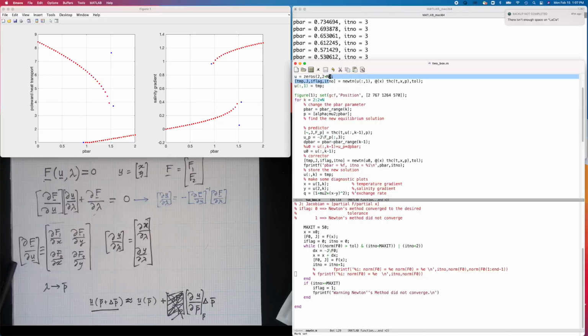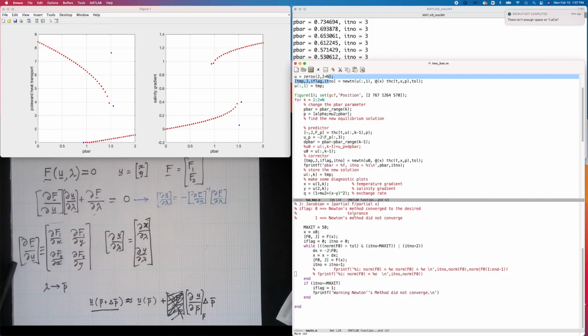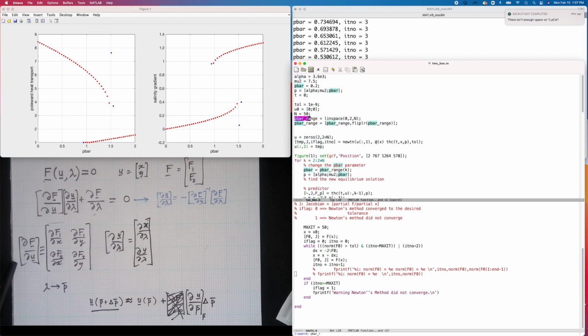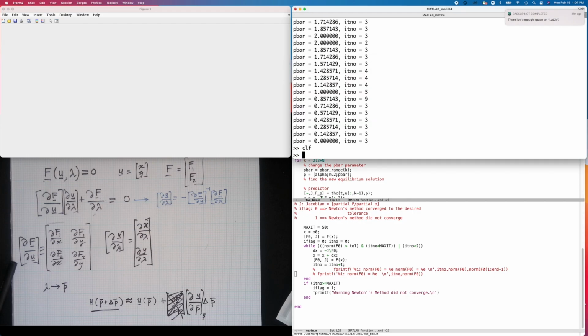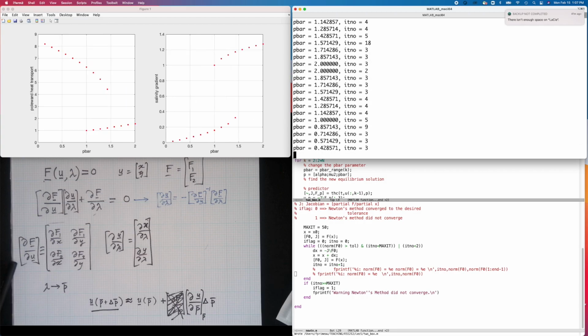Let's take our P bar steps further apart to see if there's even more dramatic improvement. So P bar range, we used to have 40 points. Let's decrease it down to just 15 points. Now let's run it again. So it doesn't seem to be that set up.